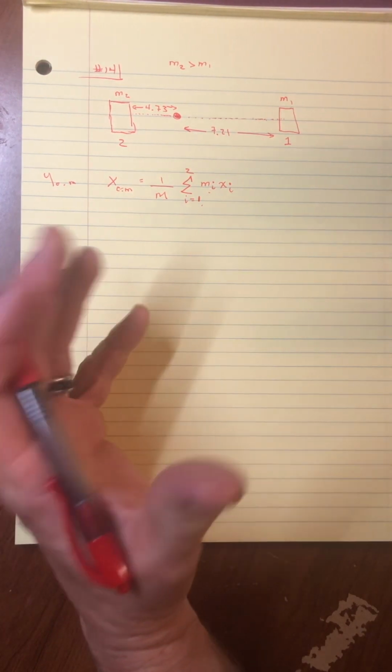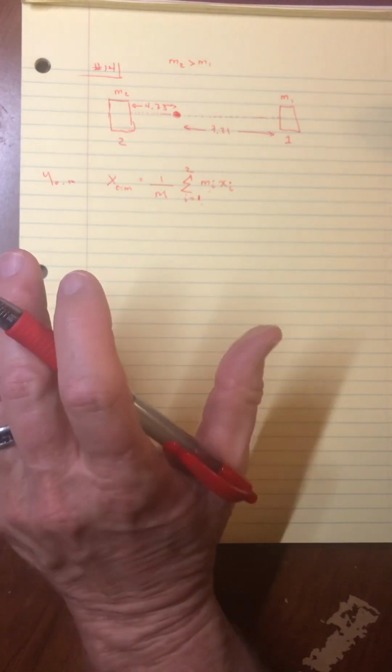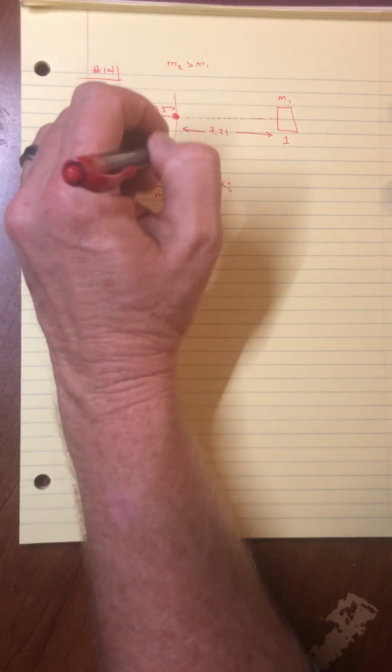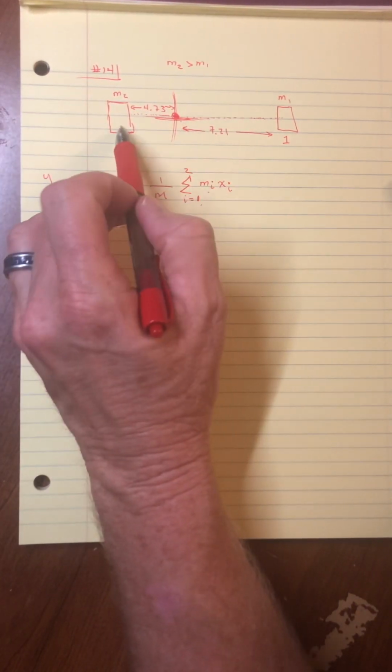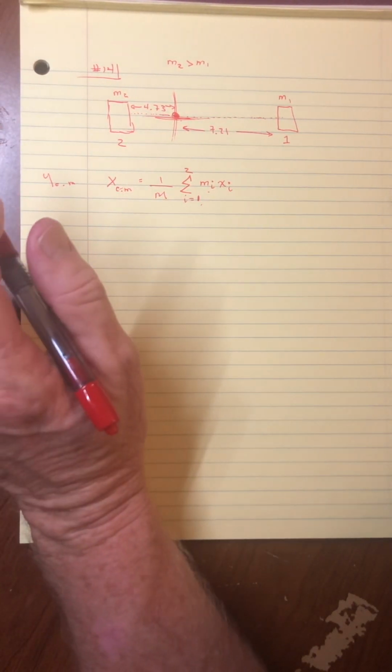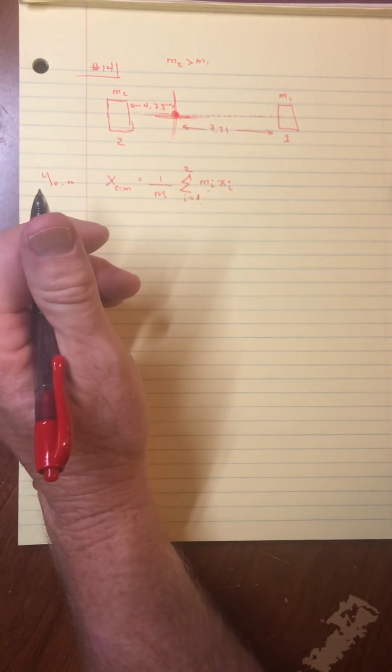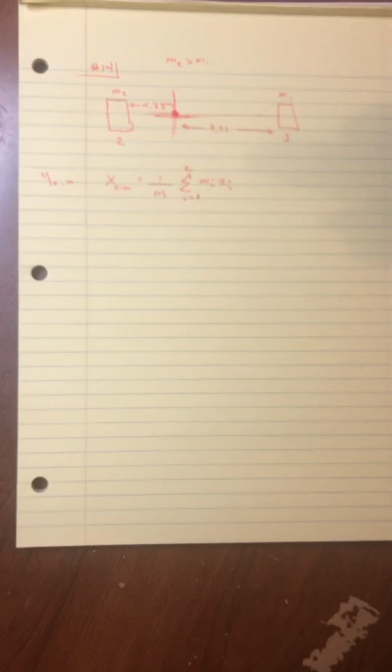So if you only have 2 objects, you can put the origin anywhere you want. If you think about placing the origin at the center of mass instead of maybe at one of the objects, that's fine too. But I want you to be able to see what I was just saying here. So I'm thinking in my mind, I'll put a grid. I like to do my grids in green.